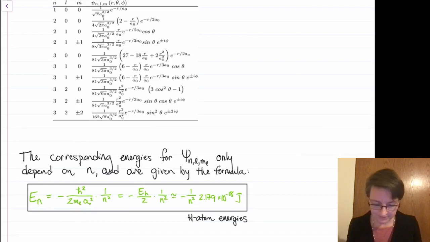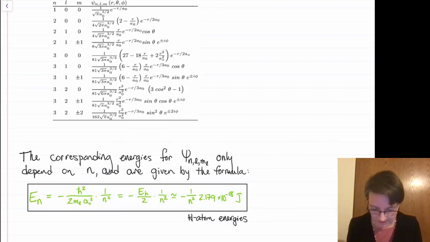And so, I've given you a couple different ways of thinking about the energy. You can use whichever version you like best. The first version I gave to you in terms of all of the constants that showed up in today's lecture. The big thing to notice is that the energy of the orbital is inversely proportional to n squared.